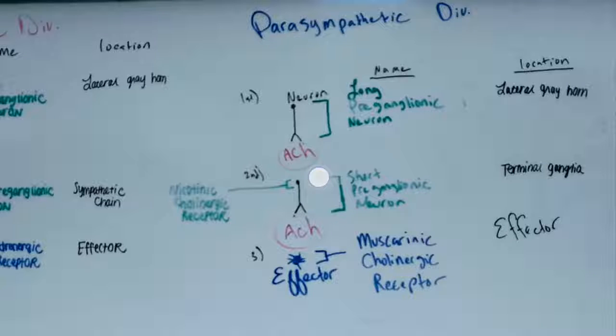And in order for communication to occur, we need receptors. So the second neuron has receptors and it's called the nicotinic cholinergic receptor. Then it secretes acetylcholine. So these are similar, so know those are the same. The third part is that the effector receives this chemical, acetylcholine, through some receptors, and this one is called the muscarinic cholinergic receptor, and it's located at the effectors.